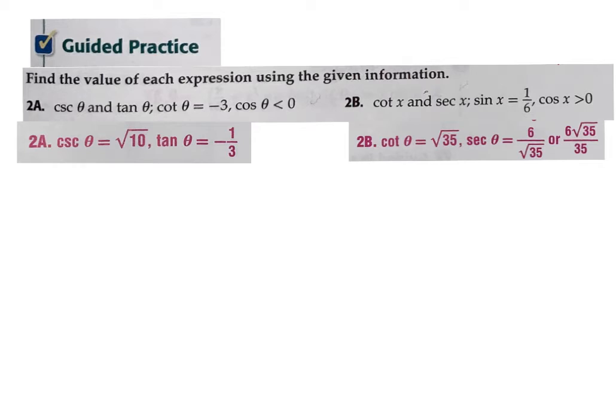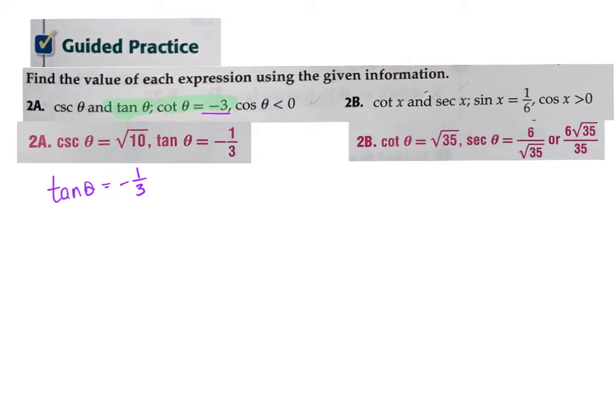So cotangent to tangent is easy. If they want me to find tangent, that's the fastest one here. If I have the cotangent and I need to solve for the tangent, I can just reciprocate it. Those are reciprocal identities here. So tangent's very simple. The tangent of theta is just going to be the reciprocal of the cotangent, so negative 1/3. So that is there.